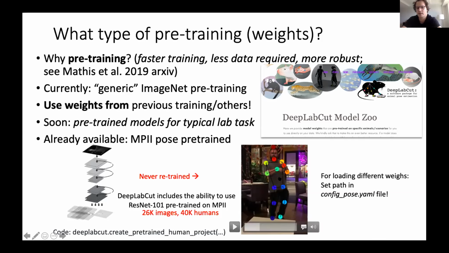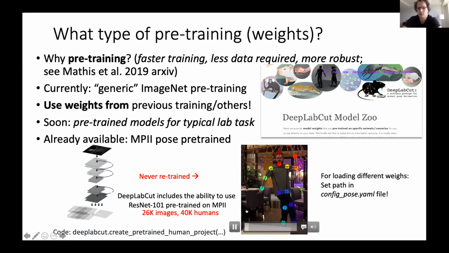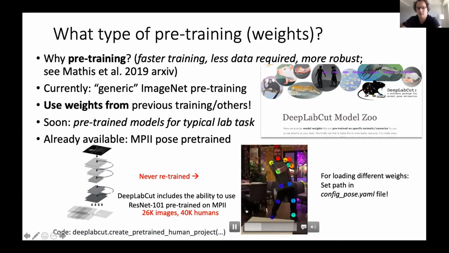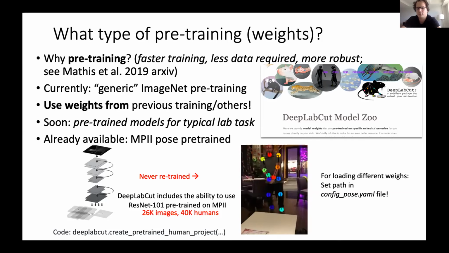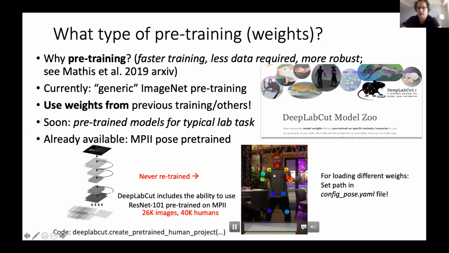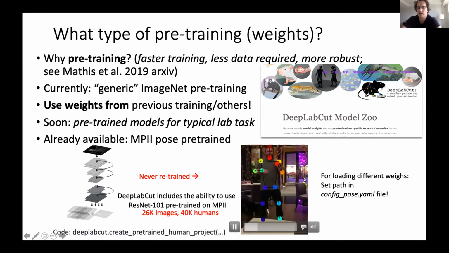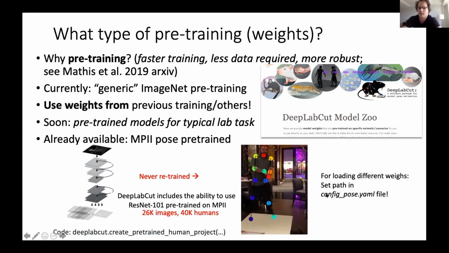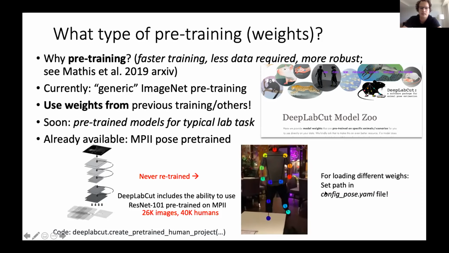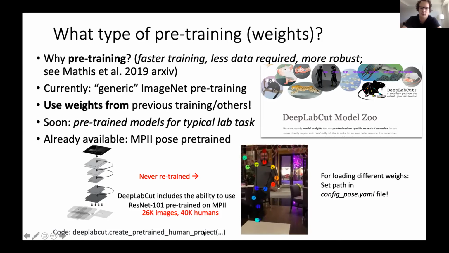And one example in the model zoo is the MPI pose pre-trained model that is actually trained on 26,000 images of 40,000 humans. And in this case, when it's applied to a video of someone dancing in a bar, it just picks up the body parts, and it has never been trained on this. And yeah, there's code to do this.